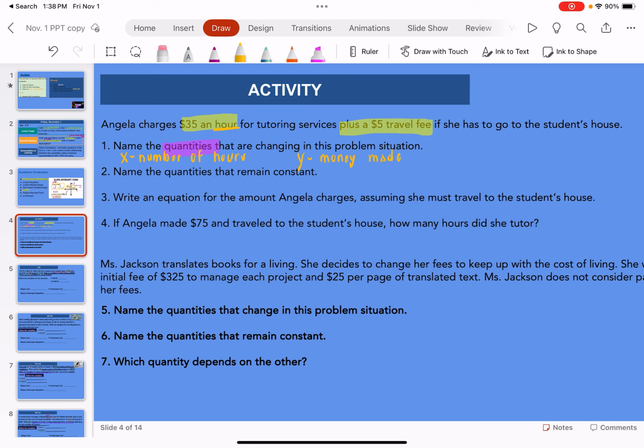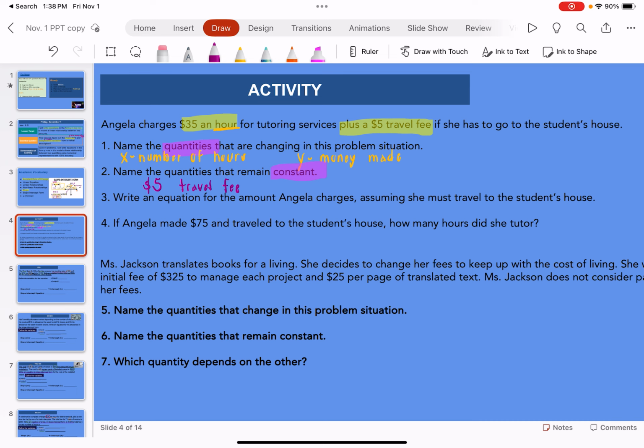And then number 2 says, name the quantities that remain constant. So the $5 travel fee is actually going to be our constant, because she either gets the fee or not, right? So if she has to travel, she gets a fee. If she doesn't have to travel, if the student goes to her, then she doesn't get the fee.